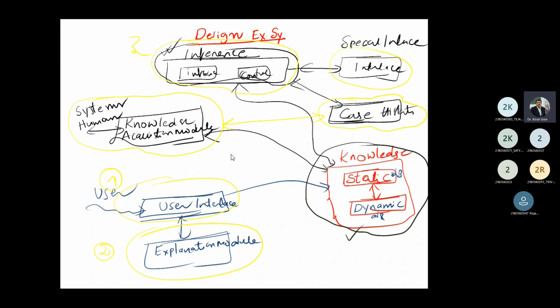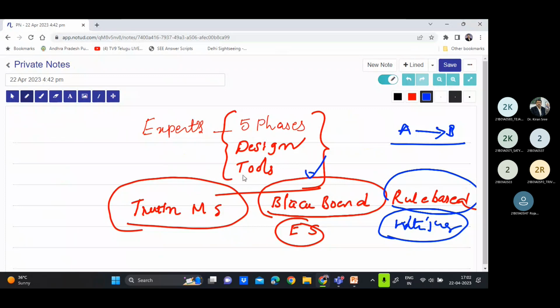And now if I see the agenda of the class that I have kept here, I said for expert systems we need to discuss the five phases. We have discussed the design and architecture of an expert system, which is very important because all these modules are freely available.